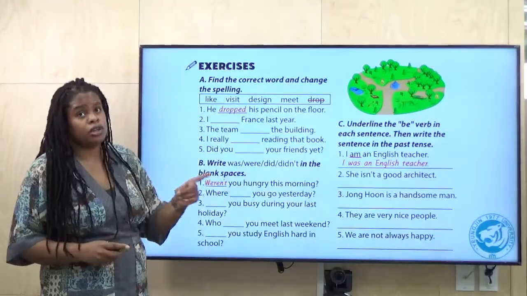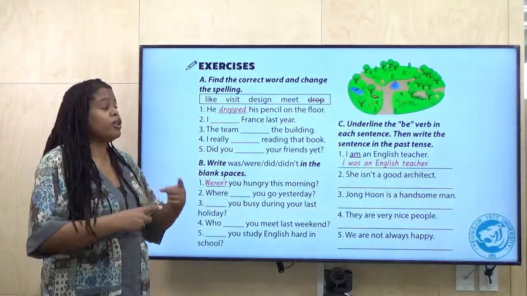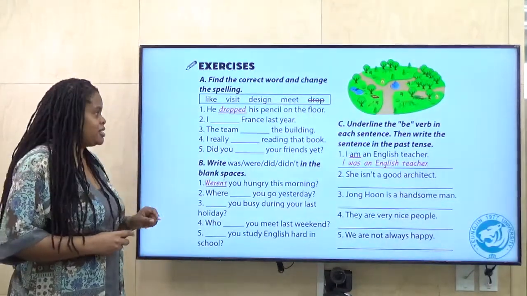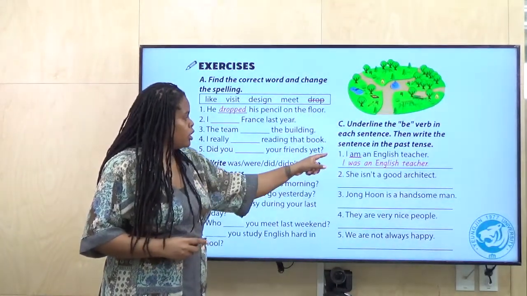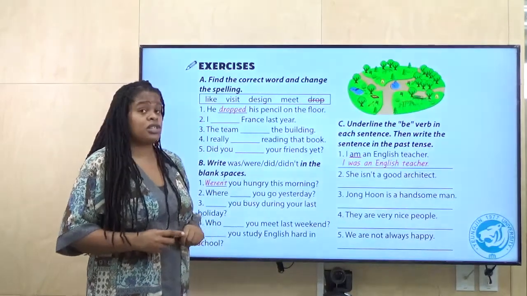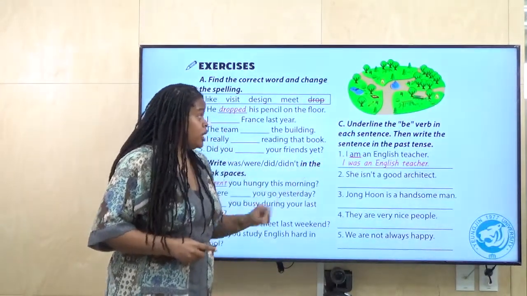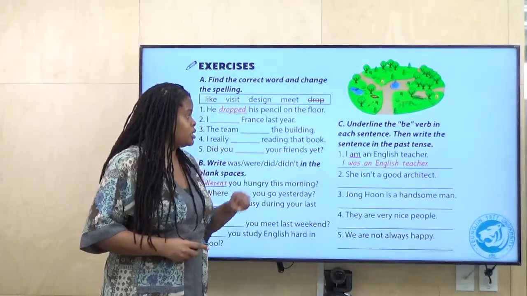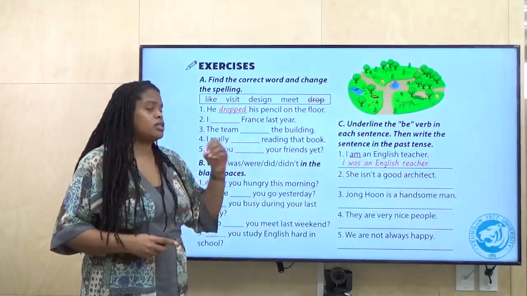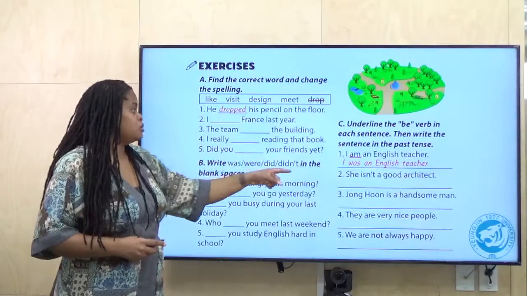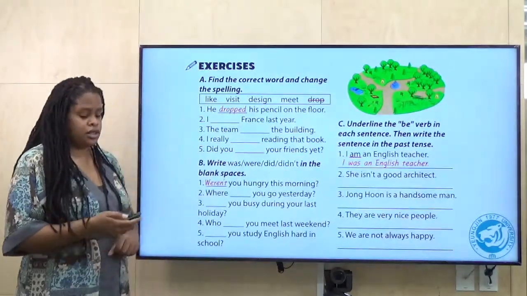You need to underline the be verb and then rewrite that sentence in the past tense. So for number 1, I am an English teacher. The be verb is am, which is underlined, and then they rewrote the sentence. I was an English teacher. So sentence 2 is in the past tense.